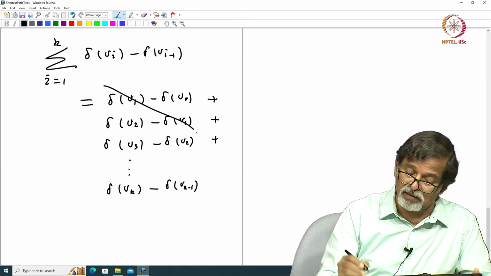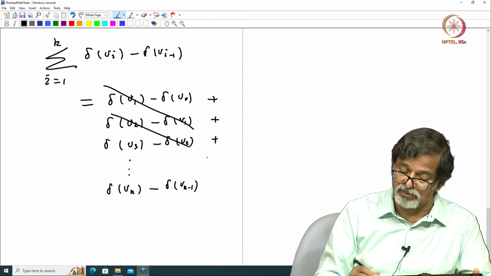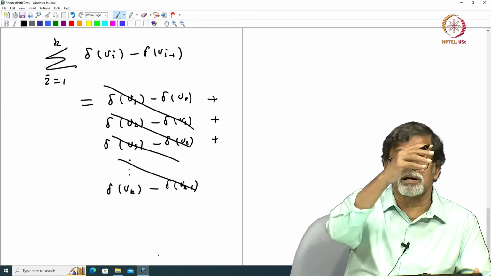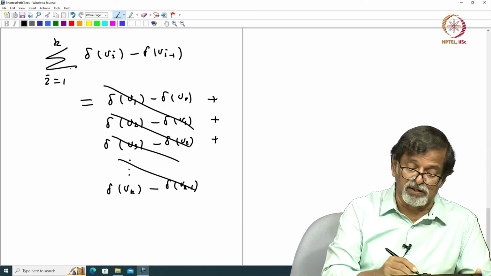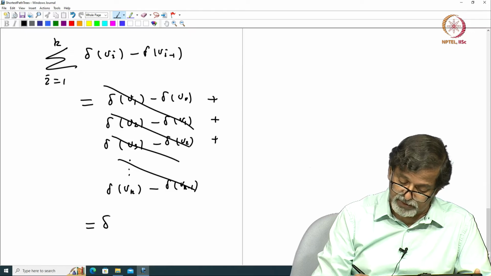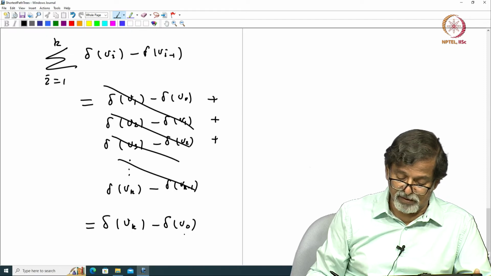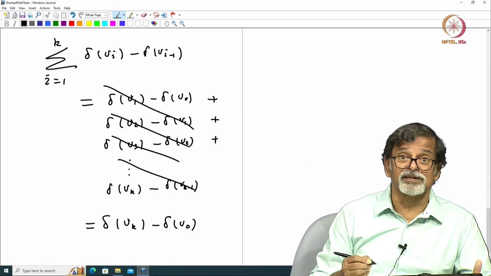Here delta V1 and delta V1 cancel, delta V2 and delta V2 cancel, and in this way all of them will cancel except Vk and V0. Therefore, this sum is actually delta Vk minus delta V0. Vk is V, right?